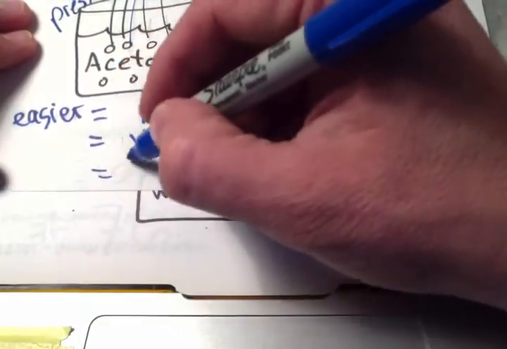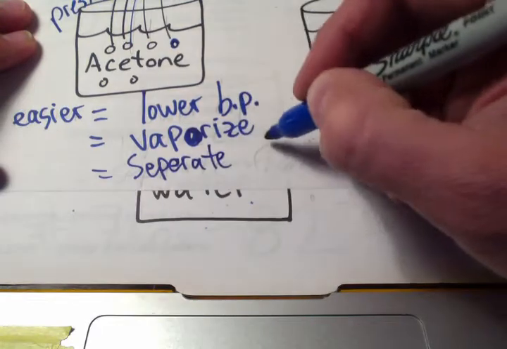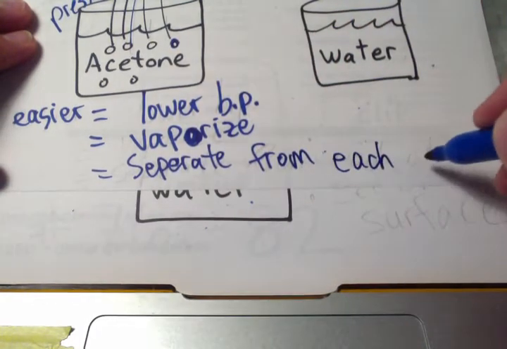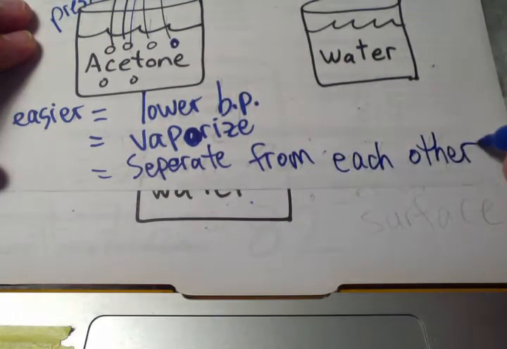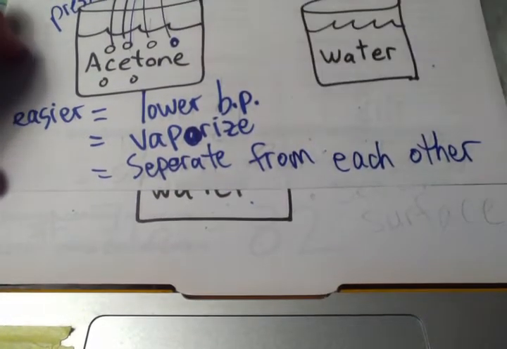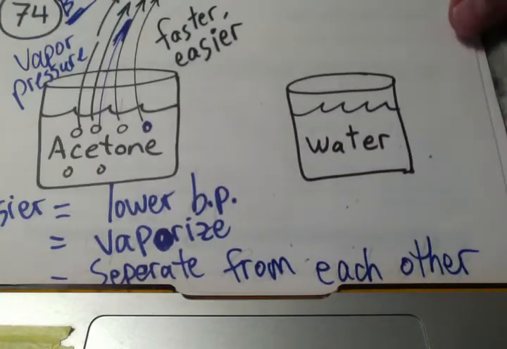Escaping. So it's easier to separate those molecules from each other. So choice B on that one. Okay, doing well.